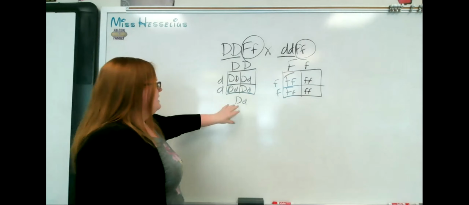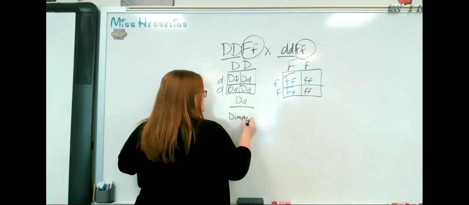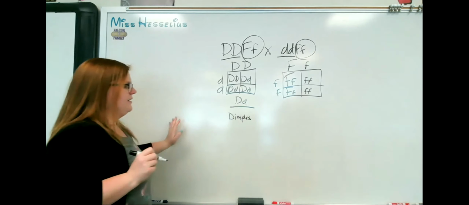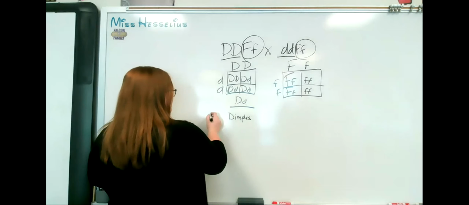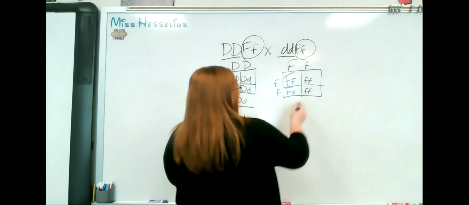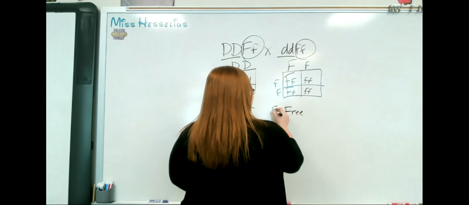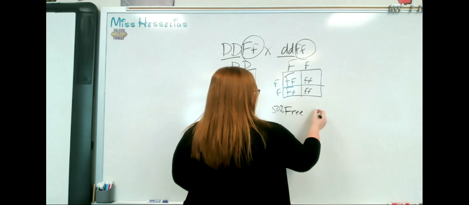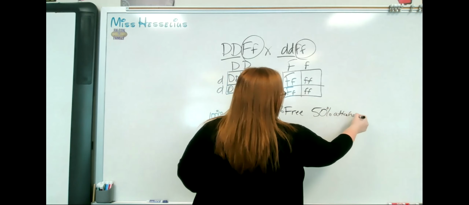So looking at this, there's 100% chance their kid's going to have dimples, because dimples are dominant. So 100% chance their kid's always going to have dimples. There's a 50% chance they'll have free earlobes, and a 50% chance they'll have attached earlobes, which is the recessive version.